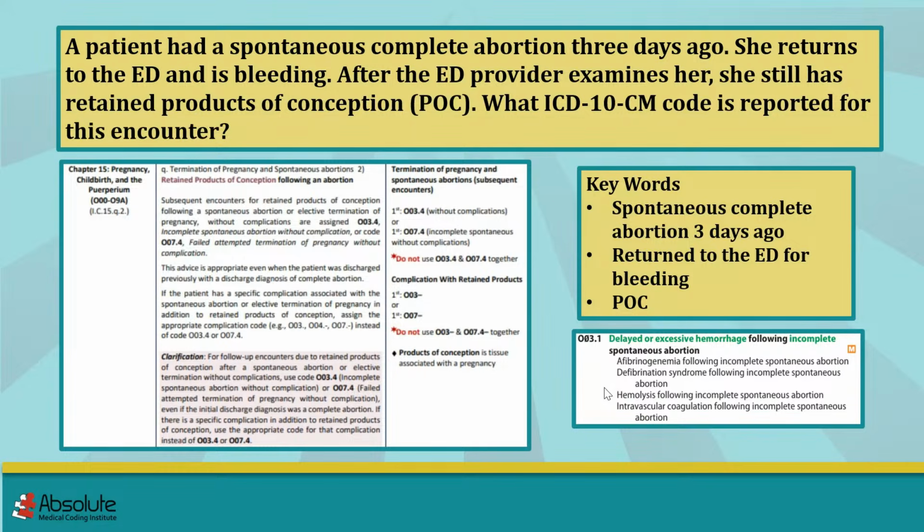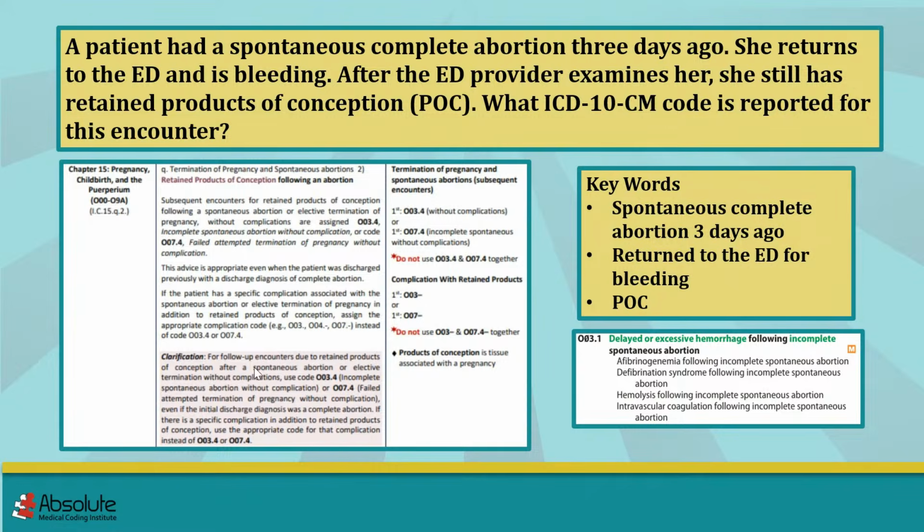So does that explanation make sense? I know it says complete, but then it says that she returns and then the provider examines her and she still has those retained products. So again, if you look right here, it says for follow-up encounters due to retained products of conception after spontaneous abortion, you're going to use the different codes, incomplete.